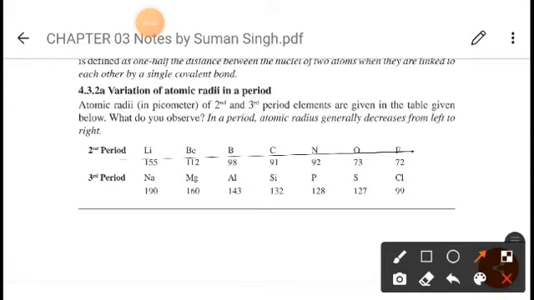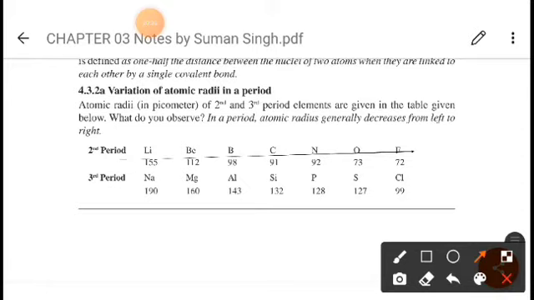The number of shells is not increasing, but due to the increase in the atomic number, the nuclear charge increases progressively.